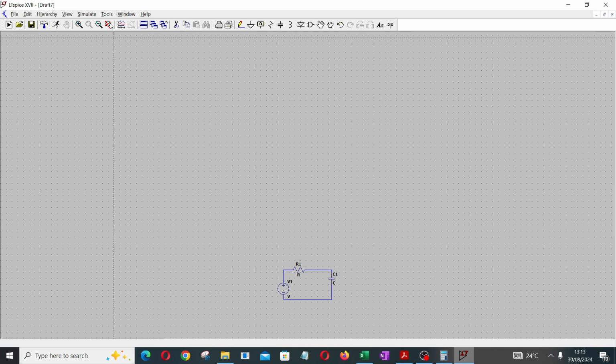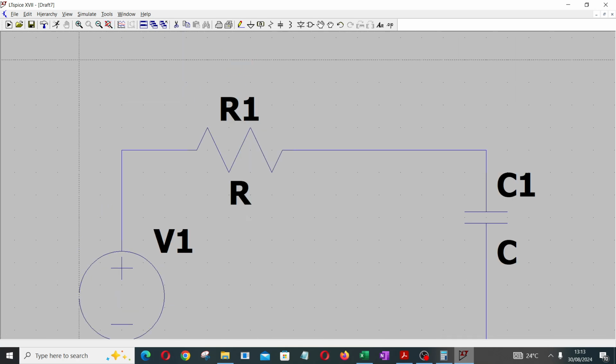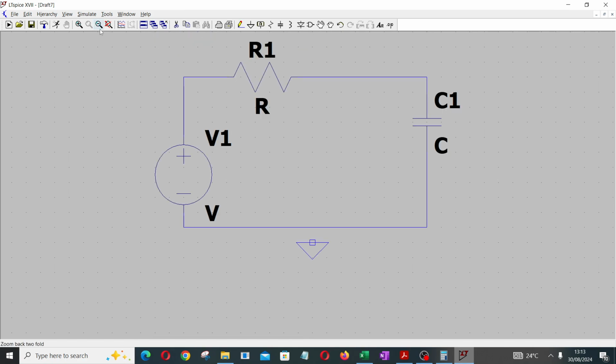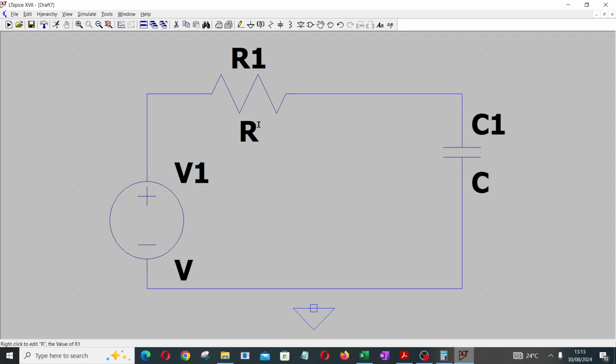How to get your ground is simple. To get our ground, you go to, this is the ground. So let me click on the ground, drop it anywhere. Don't forget to connect it together with the circuit. Connect the ground.